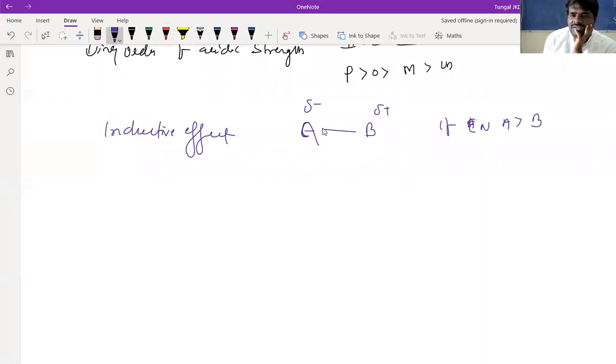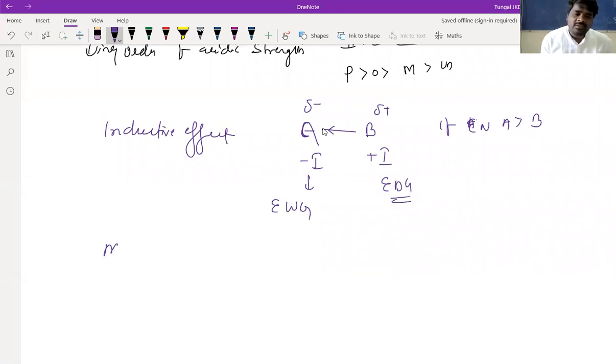The bond pair of electrons is slightly shifted towards A. So with respect to this bond, this is called minus I, and this is called plus I. The atom which is losing electrons is called plus I, and the one which is taking electrons is called minus I. This is electron withdrawing, and this is electron donating.